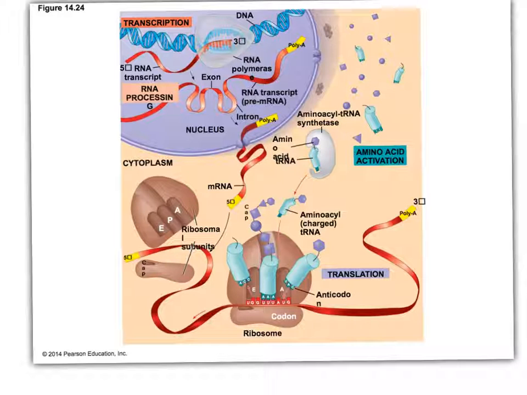That allows the mRNA to leave the nucleus. It leaves the nucleus, will bind a ribosome in the cytoplasm, which then may or may not be translocated to the endoplasmic reticulum. Initiation, elongation, termination of translation, you get production of a polypeptide.